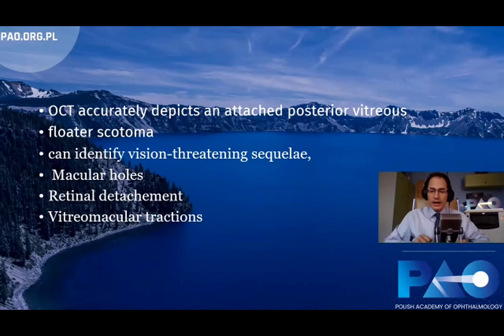Secondly, we can identify the vision-threatening consequences of the floaters, like the vitreomacular obstructions, like macular holes, like retinal detachment. So basically OCT is a gold standard for retina imaging. So should it also be a gold standard for floater imaging? And I would like to answer this question.